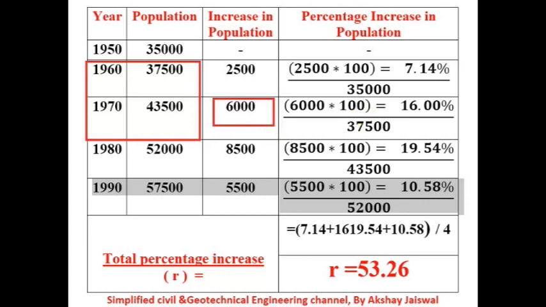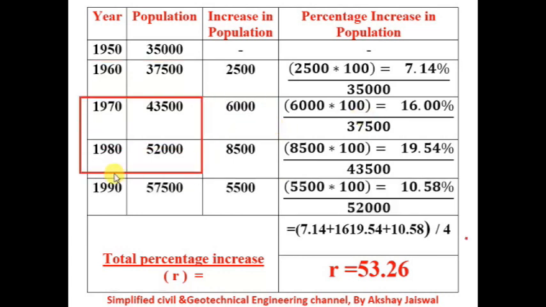Now we need to find out difference between population from the year 1970 to 1980. After taking difference between these two population values, we will get the increase in population. It is 8,500.